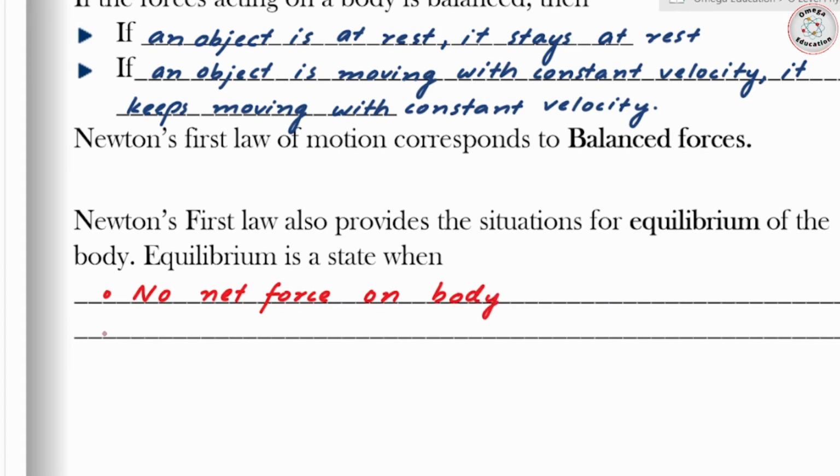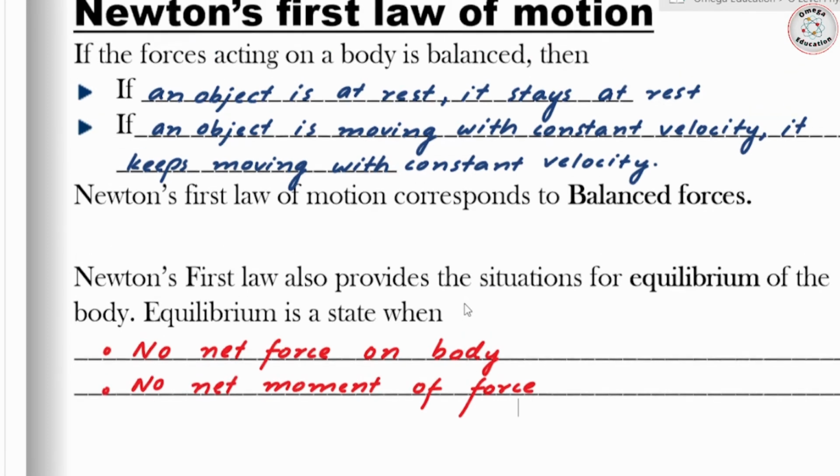Second one, no net moment of force on the object. No net moment of force on the object means no rotation in the object. So moment of force is the same thing that we studied previously, the turning effect of force.